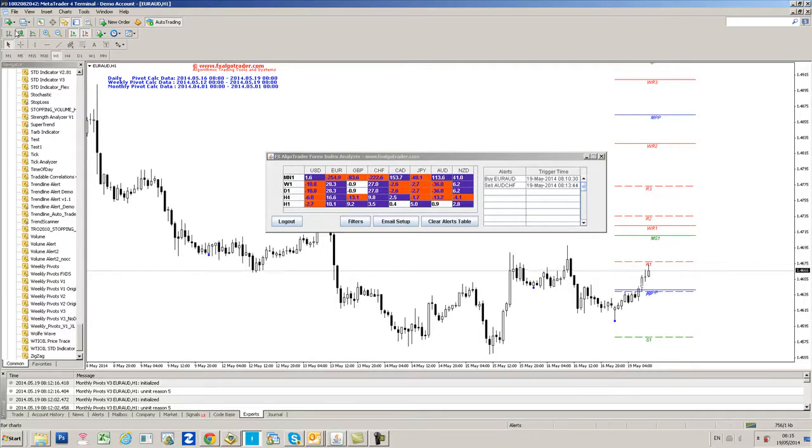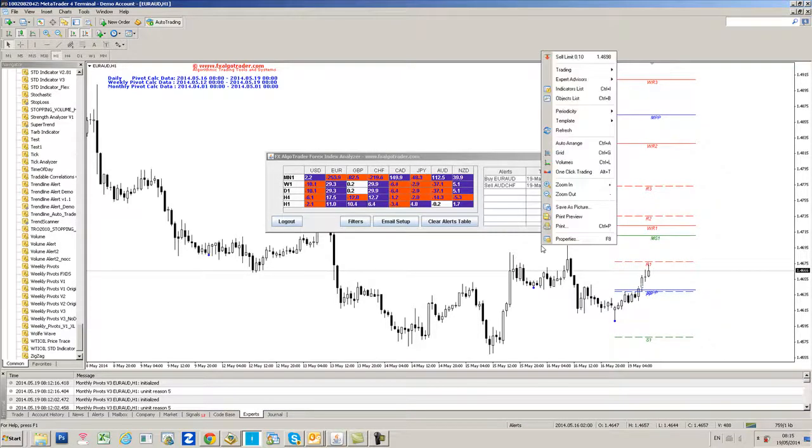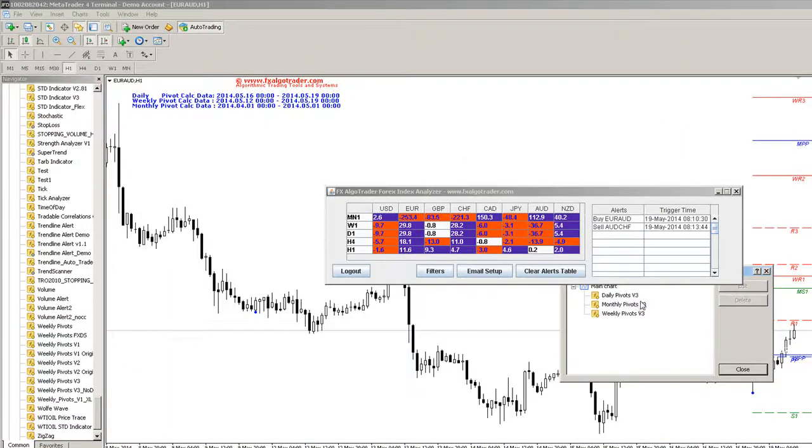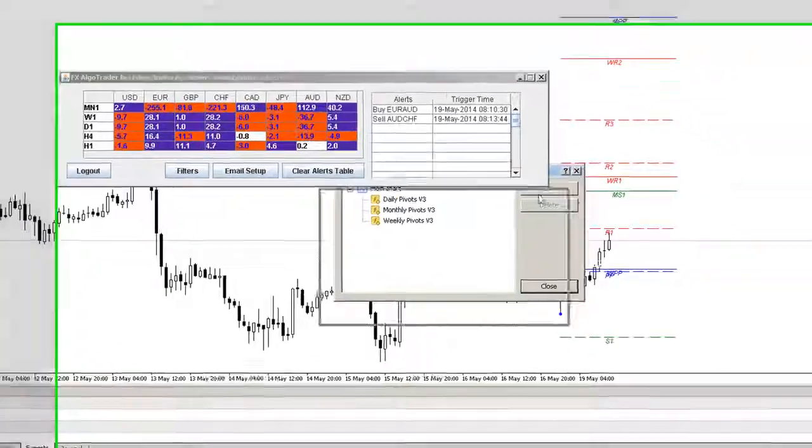So from an entry perspective, our entry would most probably be ideal around that level, so we'd be looking for a retrace, and what we may want to do is just simply set a pivot alarm using the price proximity alert systems within the FX Algo Trader pivot products.